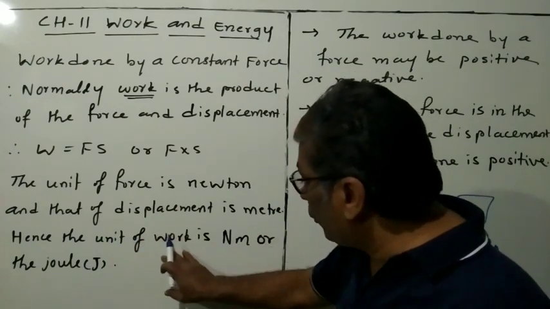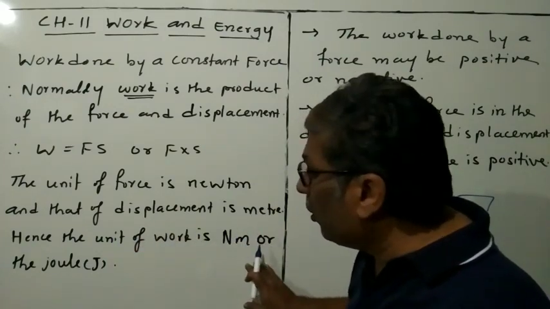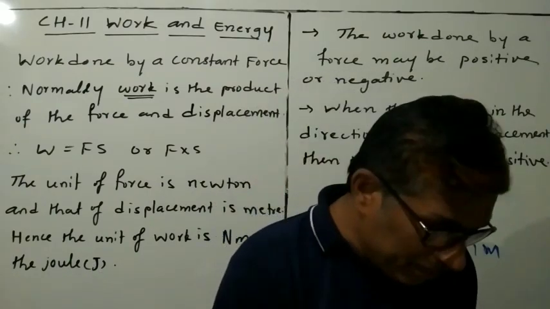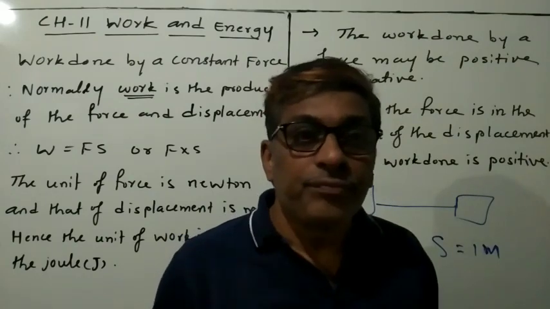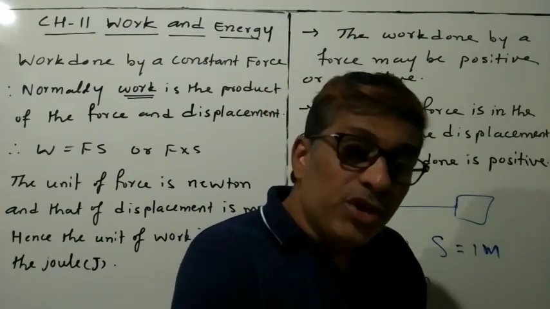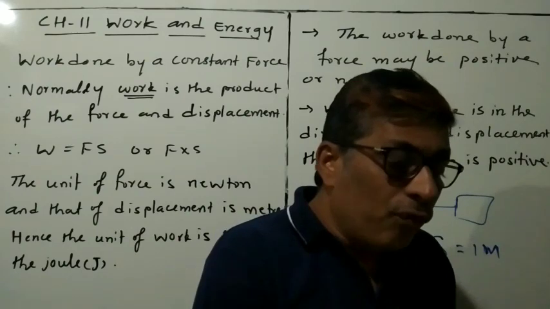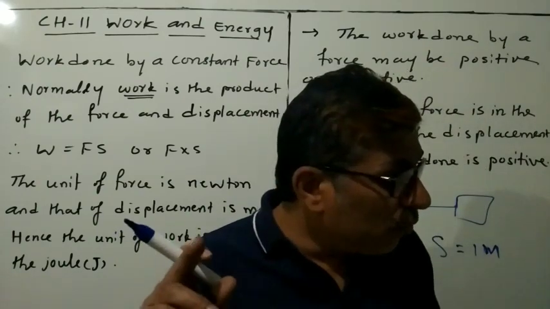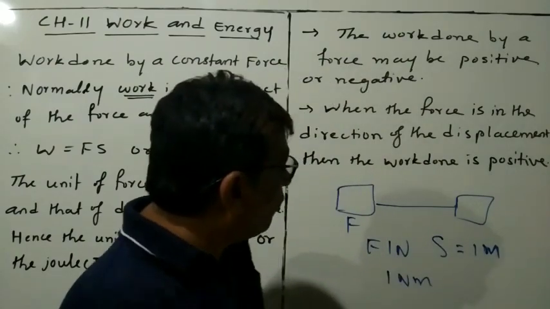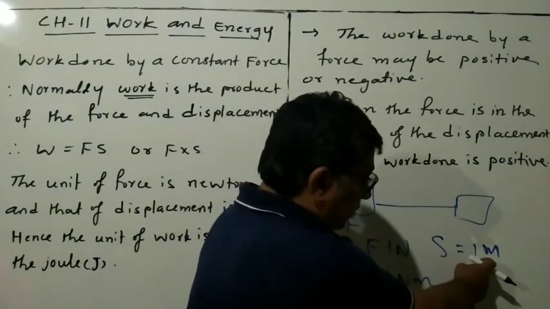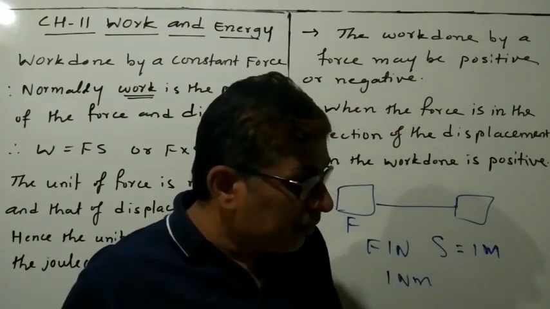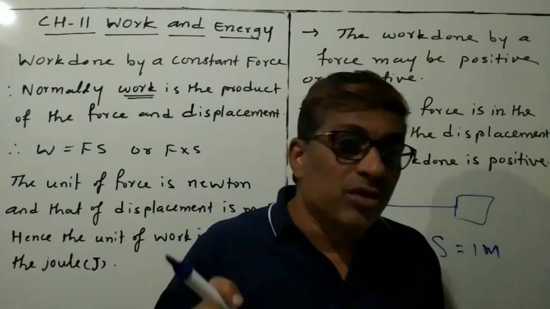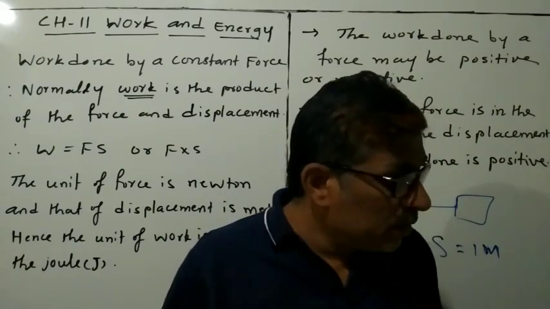Therefore, the unit of work is Newton meter, or you can say Joule, written as capital J. Thus 1 Joule is the amount of work done on an object when a force of 1 Newton displaces it by 1 meter along the line of action of the force. This is called 1 Joule.